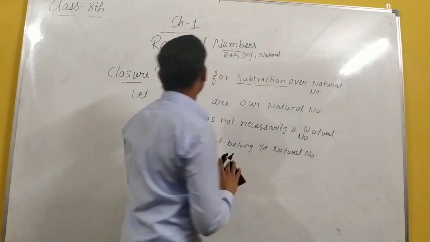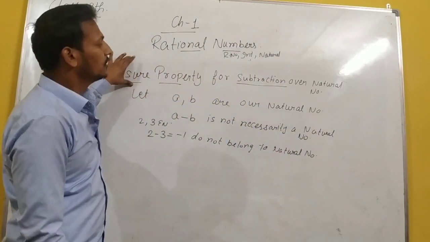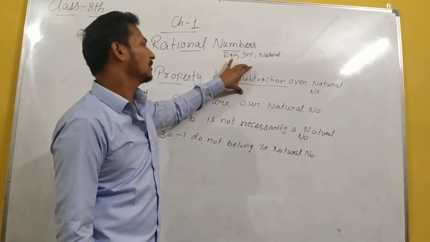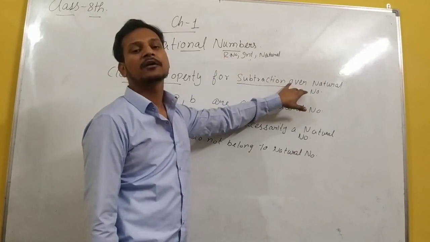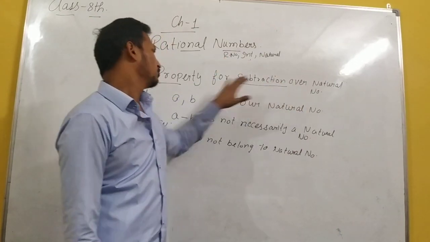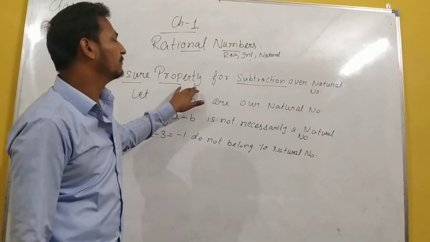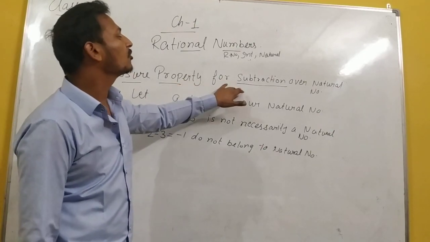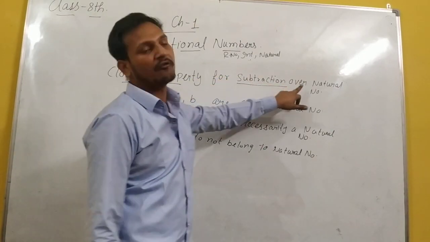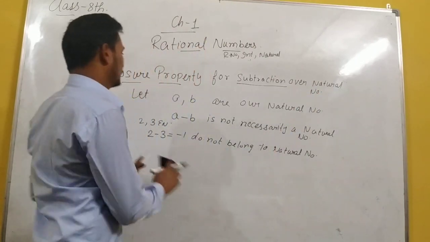We will say closure property does not hold for subtraction over natural numbers. Clear?